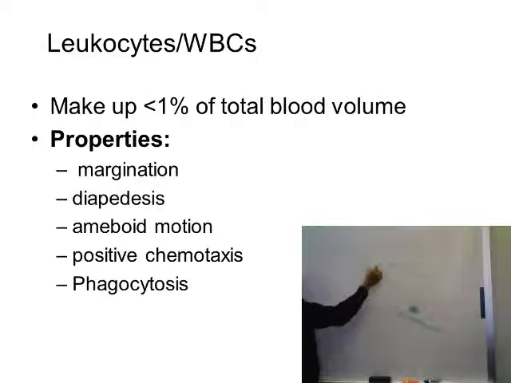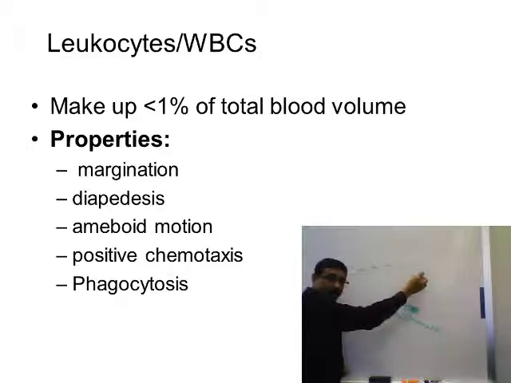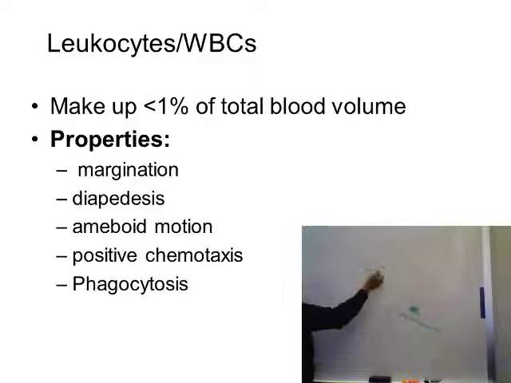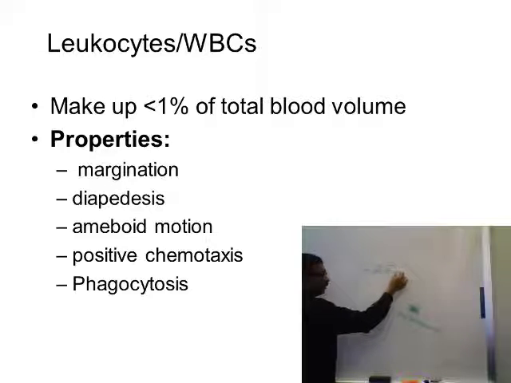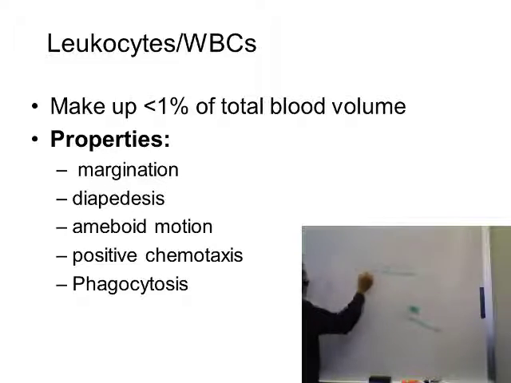So these white blood cells will do what? Instead of passing through the blood vessel, they will get attached to the wall of the blood vessel like this, and they will line up. That is called margination. They will move to the side and get attached to the wall. And that is margination.